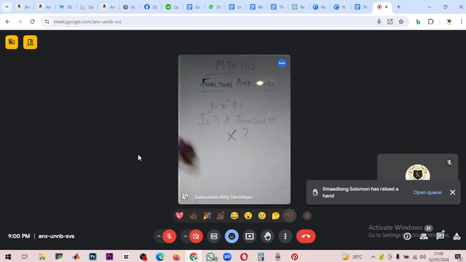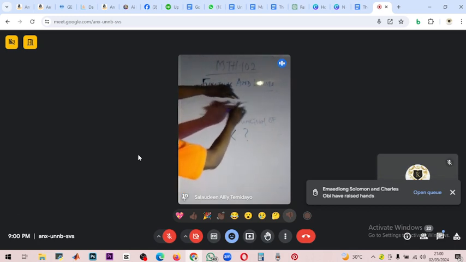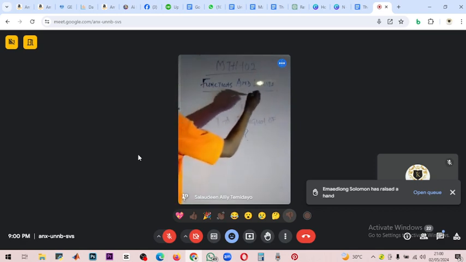Mr. Benjamin, it's not a function, it is a function of x. So what you said is not correct, sir. I mean, you're right. The reason is this. y equals x squared plus 1. That means this x squared is a particular image.